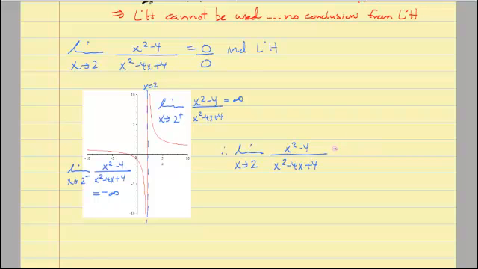So now I've drawn a conclusion based on the graphical approach. It does not exist because the limit from the left does not equal the limit from the right. I cannot say it does not exist because of L'Hopital's. I have to say it does not exist because of the graph that I'm looking at, the graphical approach. I could also look at this algebraically and factor as well.